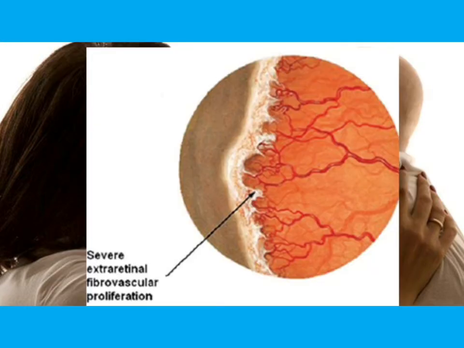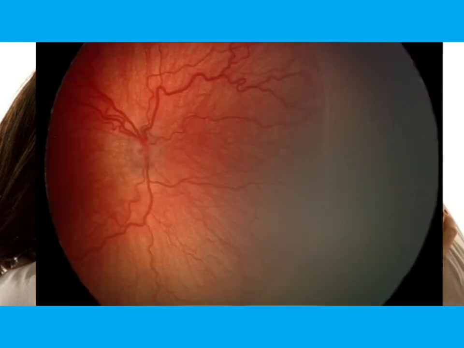Now here you can see that this demarcation line has become very thick, and new vascularization starts, and here the RD has already started. So this is the end of stage 3, and it is stage 4. You can see that in this part the retina is going to detach, so this part is not properly seen.